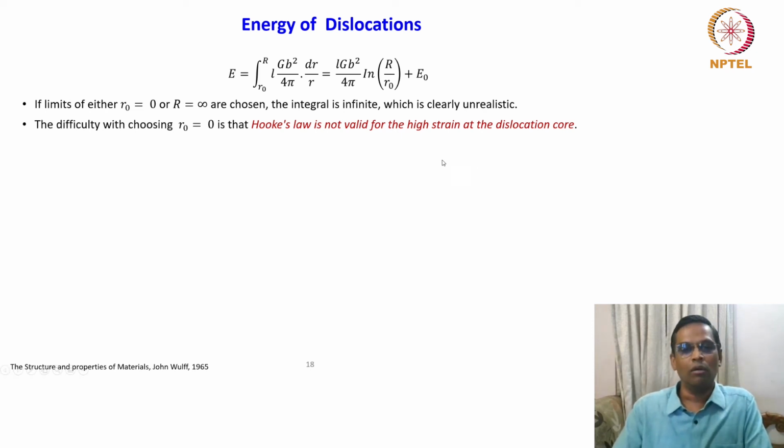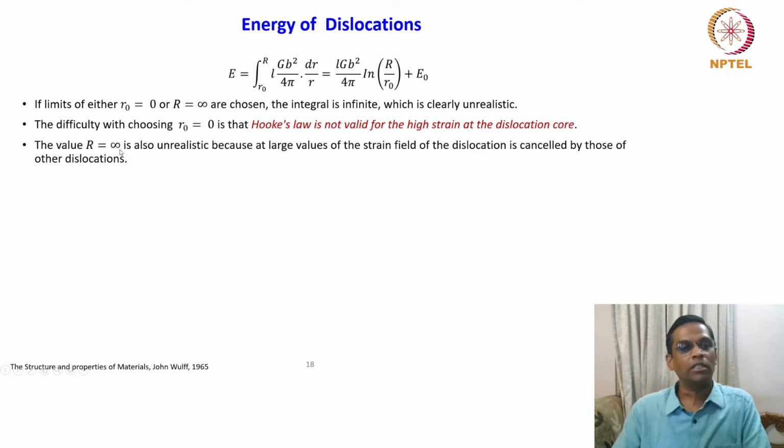So the whole stress field around dislocations is explained by elasticity theory only. So if you take R naught equal to 0, then Hooke's law is not going to be valid because of the very high strain at the core, because we are talking about elastic behavior. The core of the dislocation need not follow the elasticity theory concepts. That's the idea.